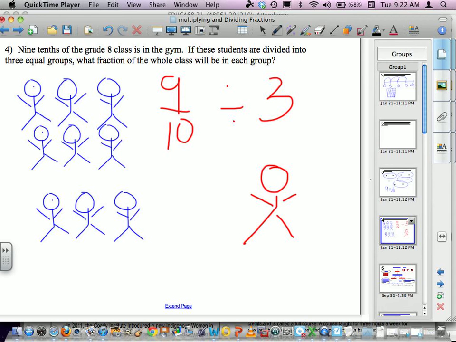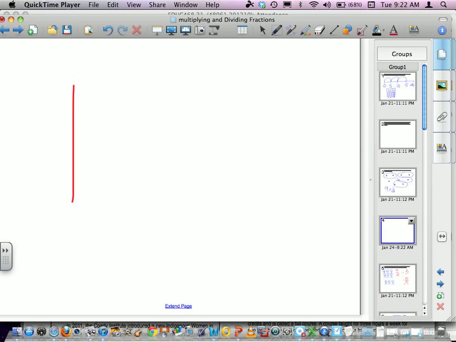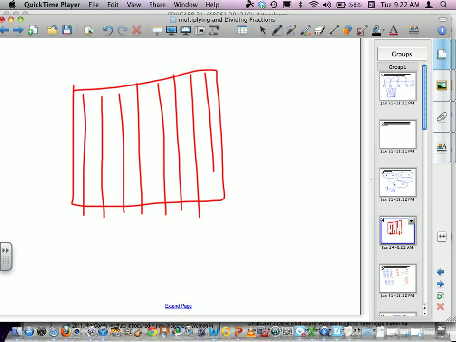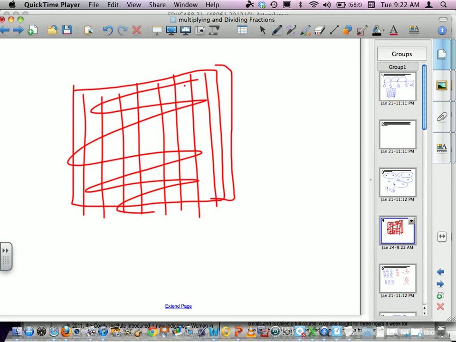Do you understand what Craig said he did? What does that mean? He did 9/10, so he sliced this 10 ways: 4, 5, 6, 7, 8, 9/10. So he shaded them, and then he cut them into thirds.